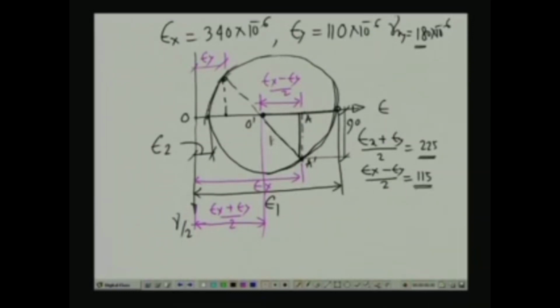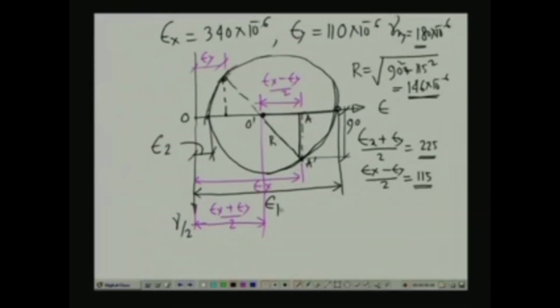So, the radius r is equal to root of 90 into 10 to the power minus 6 square plus 115 square, and this gives us a value of 146 into 10 to the power minus 6. These quantities are with 10 to the power minus 6, which I am keeping silent here. So, r is equal to 146 into 10 to the power minus 6.